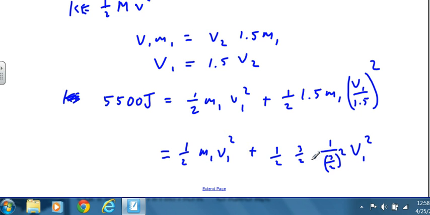So one of them goes away, he turns over, so I'm going to have 1/2 mass 1 velocity 1 squared plus 1/3 mass 1 velocity 1 squared.